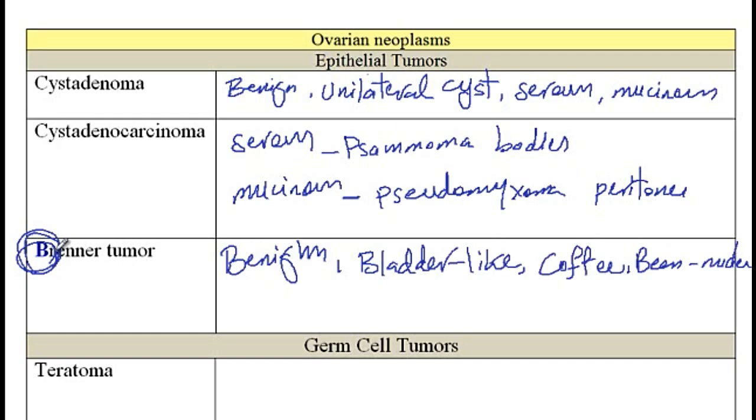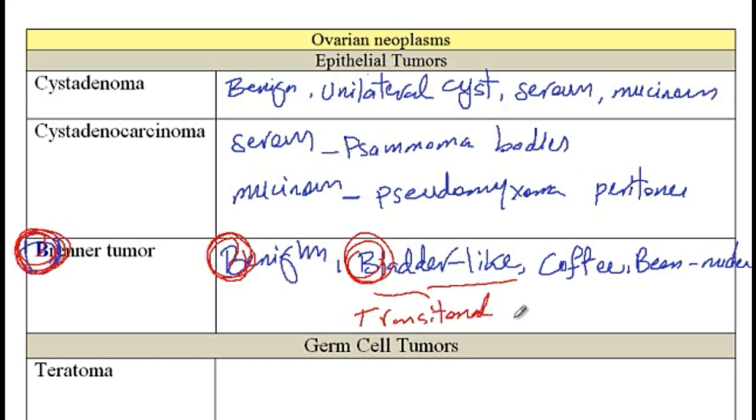So B goes for benign, bladder-like, which means that these cells have transitional type epithelial cells which can either contract or expand, as well as the coffee bean nuclei, and this is due to the presence of the nuclear grooves.